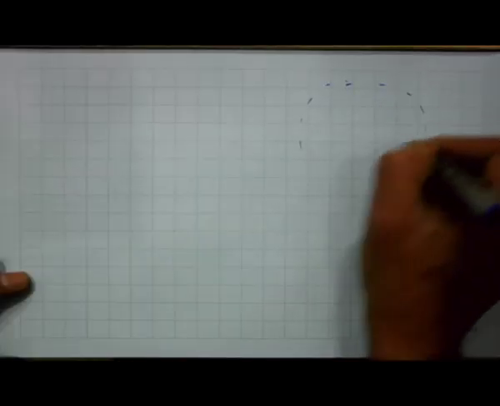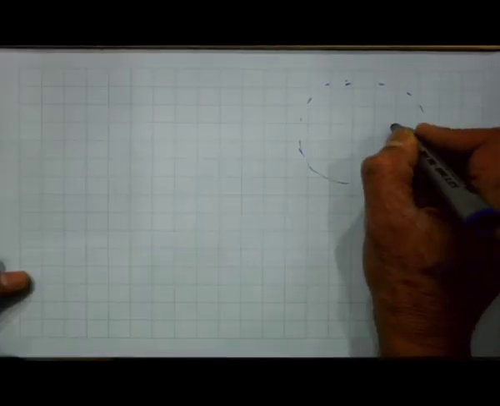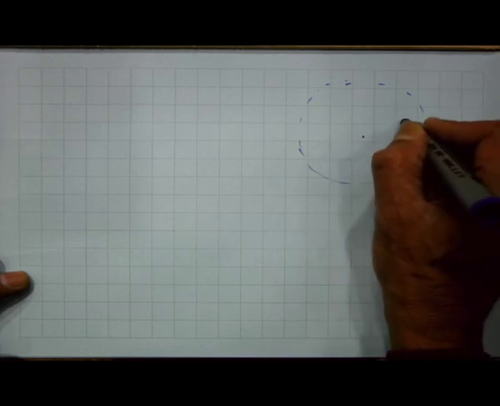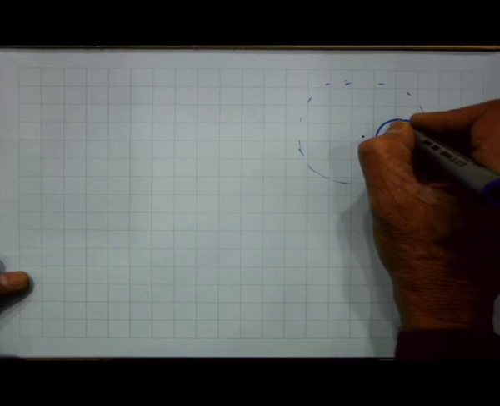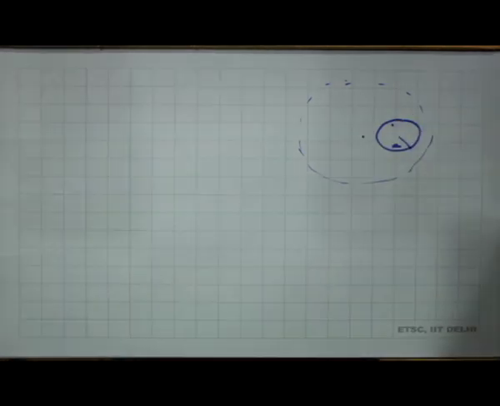So, let me draw the same figure. This was the bigger cylinder of radius R and this is the center. Now, I take a cylinder of this radius a and calculate the magnetic field at the same point.